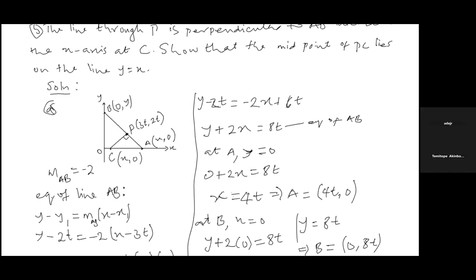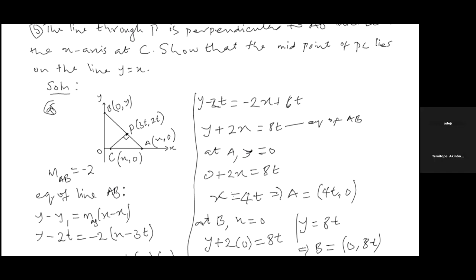The question again says we should show that the midpoint of PC lies on the line y equals x. So before you can find the midpoint of line PC, you need to know the coordinate of C. And to know the coordinate of C by finding x, the x coordinate of C, you need to find the gradient of line PC or CP, as the case may be.